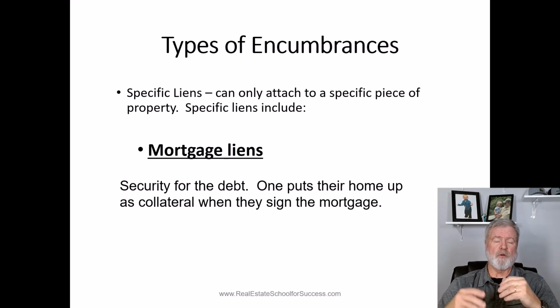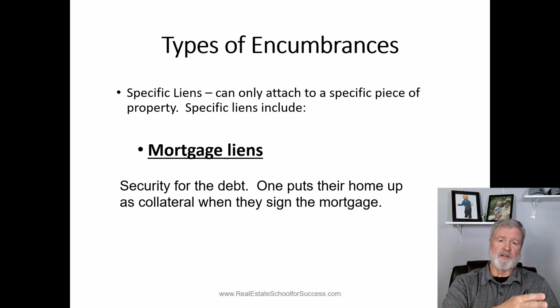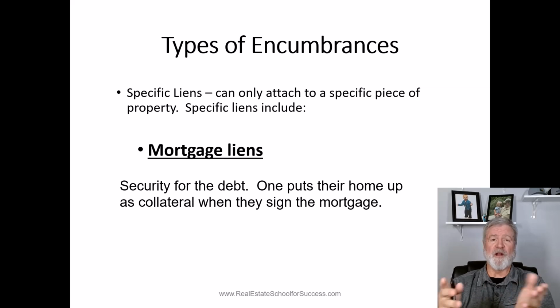Well, because you voluntarily agreed when you borrowed that money that the lender could put a lien on the property. Now, you didn't have to do that. Obviously, if you don't do it, they're not going to loan you the money. But still, at the end of the day, it was voluntary. Okay? These other liens we're going to talk about are not voluntary at all. They're just going to be there whether you like it or not.